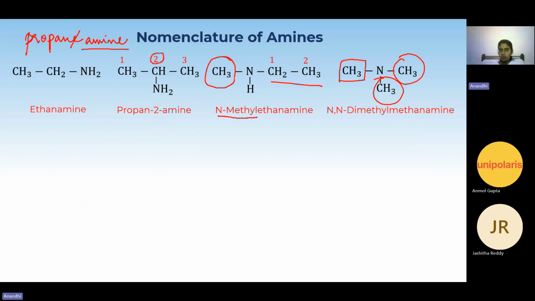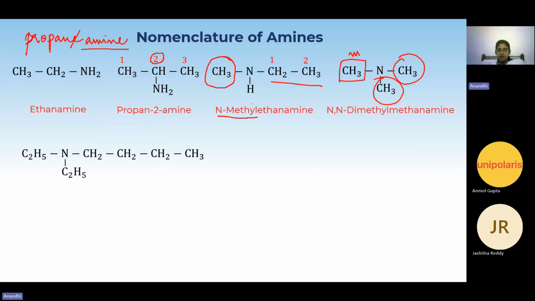In the parent chain we have only 1 carbon, so it is methanamine. Clear? Two alkyls are there and both are attached to nitrogen, so you have to put N,N-dimethyl methanamine.